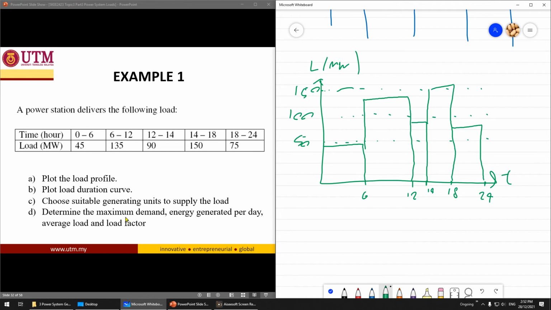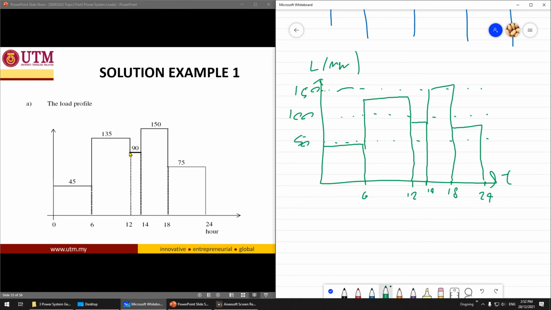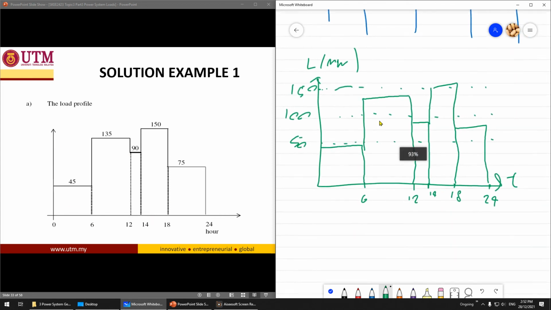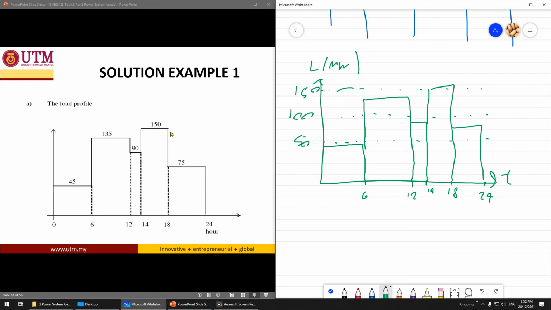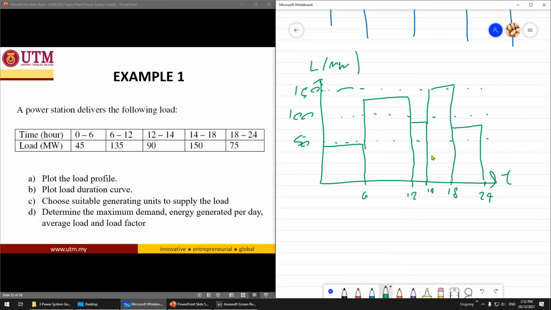So you answer the first question, which is the load profile. I suggest you just put the number, it is much better. This is sketching: 45, 135, 90, 150, and 75.